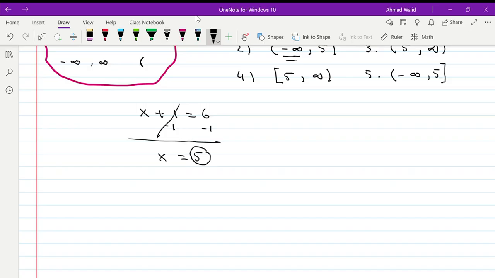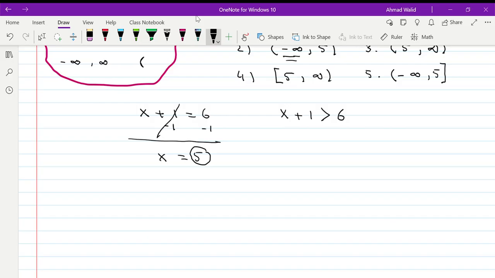But when you are solving an inequality, soon I will explain how, but right now I'll show it to you. Same example. For example, if I have x plus 1 greater than 6, your answer becomes a set of solutions, not only one. It will be a set.